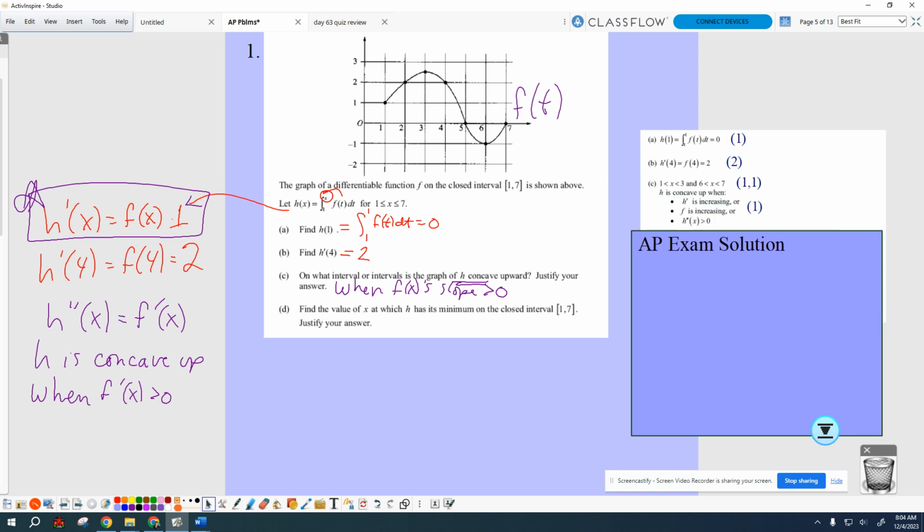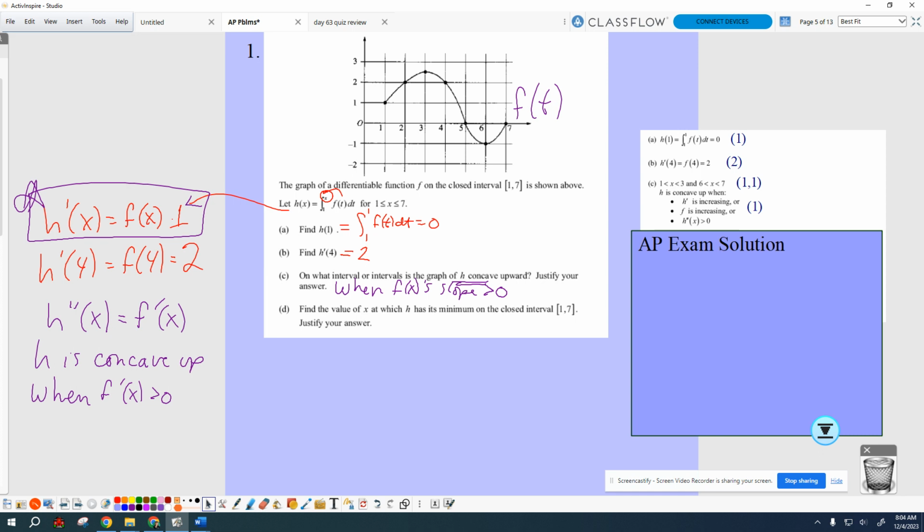Okay, and this is the, I'm kind of guessing, but the rubric for the AP, you would get 1 point for that first question. And 1 point for part B to connect H prime and F, and 1 point to then give an answer.